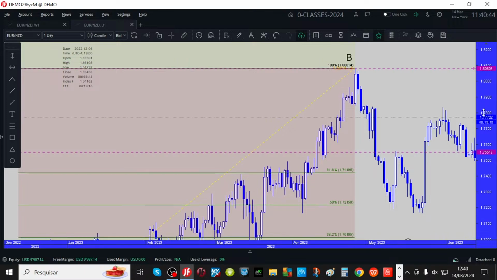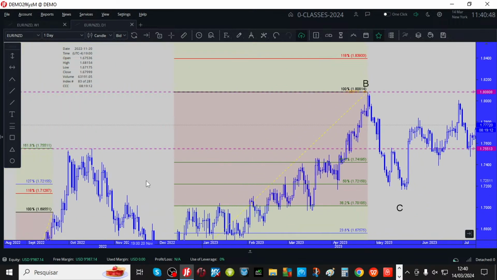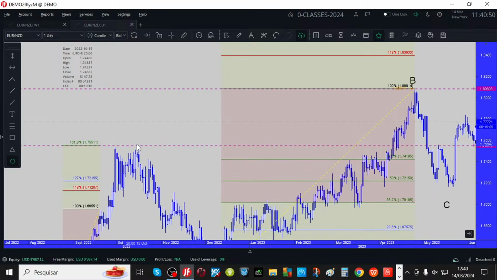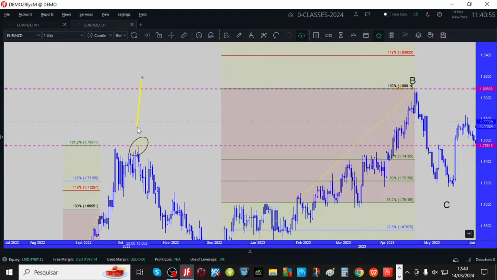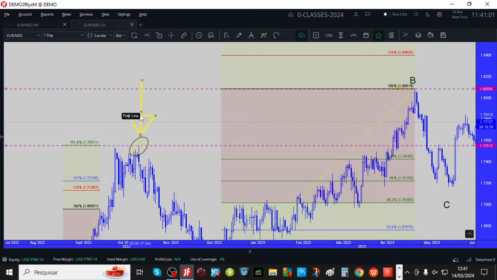The B is the high. All right? The market didn't hit the extension here, everybody. Oh, boss, it was just for a pip. It doesn't matter. One pip, one pipette, one chocolate, you know, one marshmallow. Didn't hit.